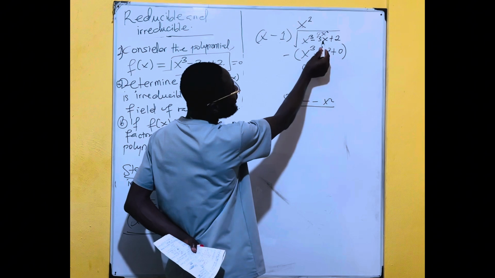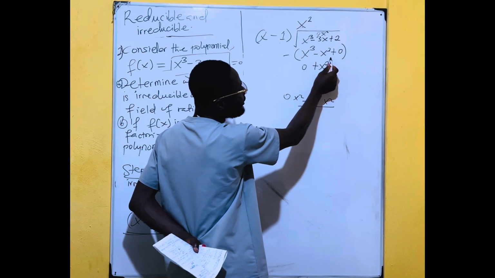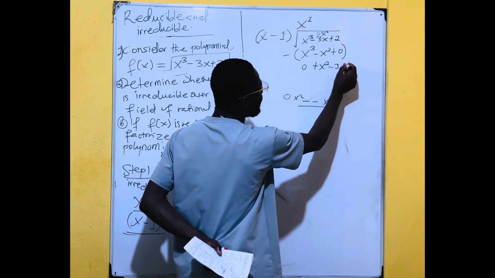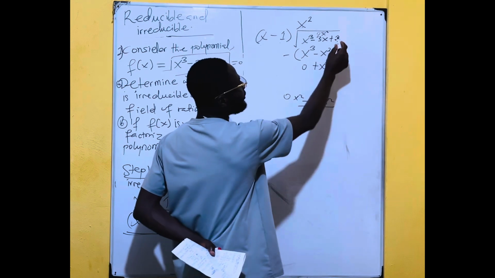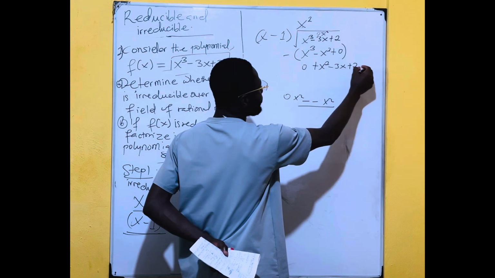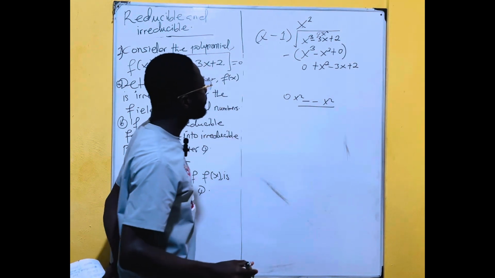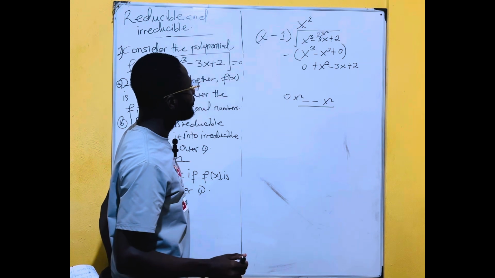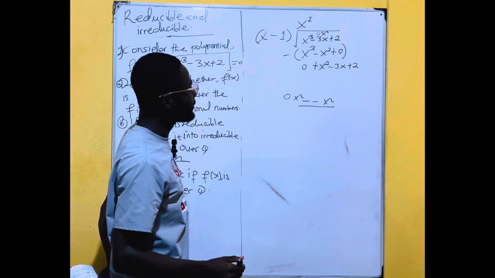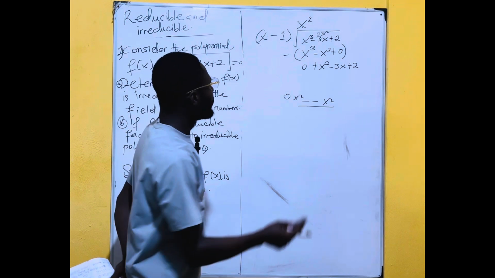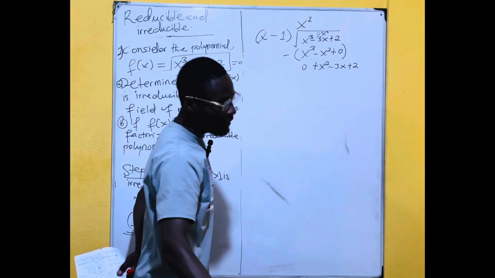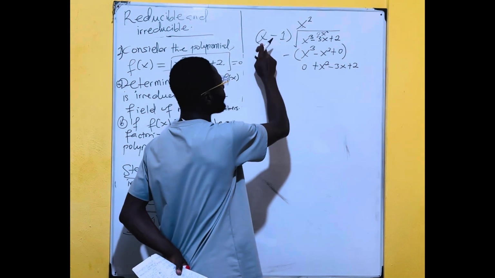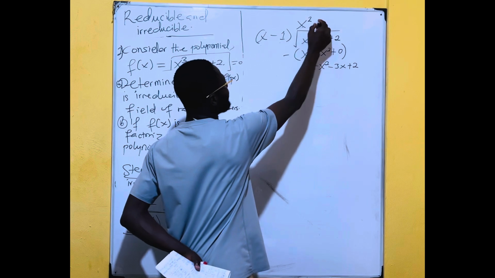Then minus 3x minus 0 becomes minus 3x. Then you have your plus 2. Now, this is what we have. So it means we have to come down again. So this divides this, plus x.